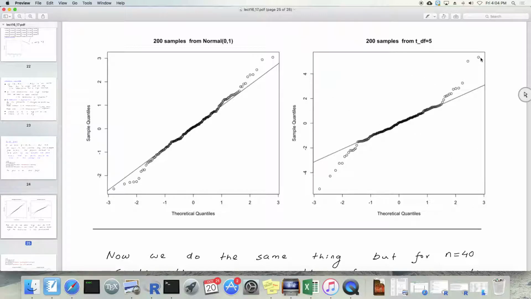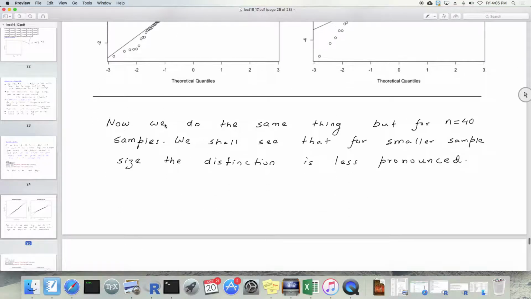It goes even above 4, so it's quite big. Because I've scaled it down, both plots look the same size, as if they're equally bad, but they're not. The right hand one is worse, as it should be, because it's not from normal. It's from T with degrees of freedom 5.